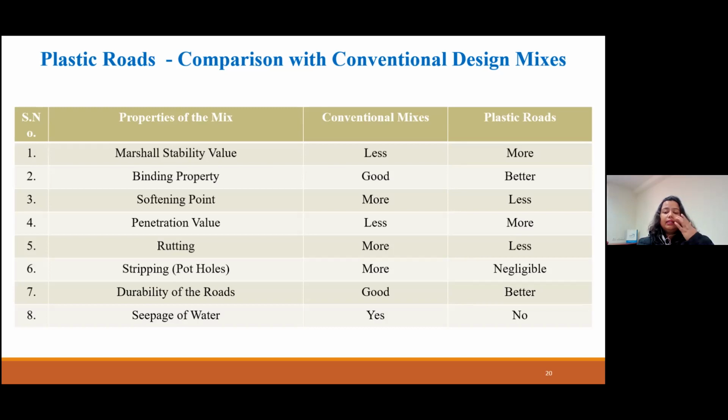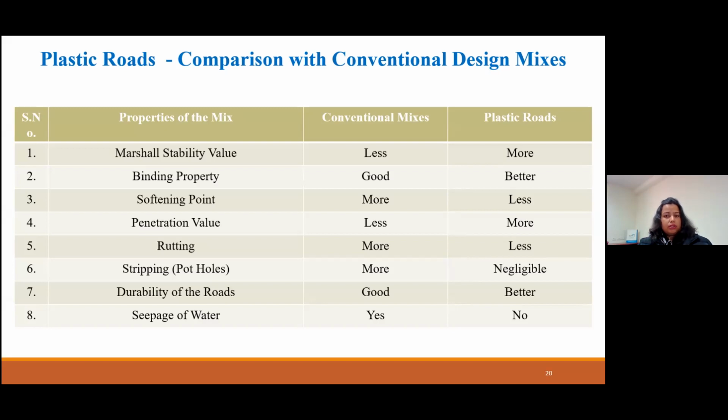When they did this assessment of performance, there was no instance of stripping and minimal potholes. That eventually adds to the durability, and it also reflects how it takes care of the strength required for a pavement to sustain, and very good fatigue resilience.